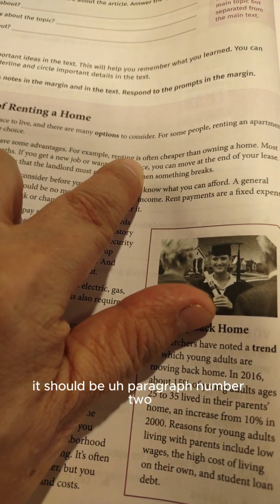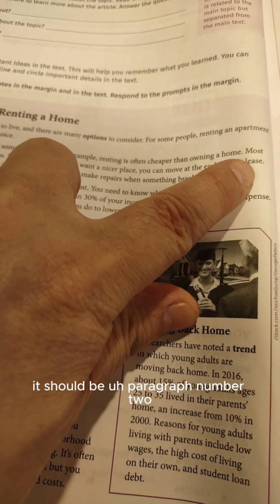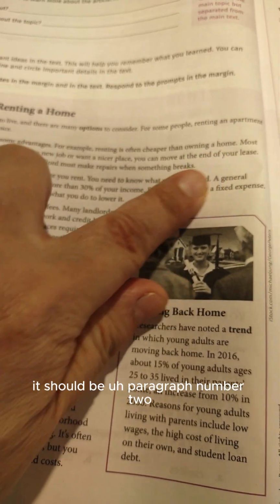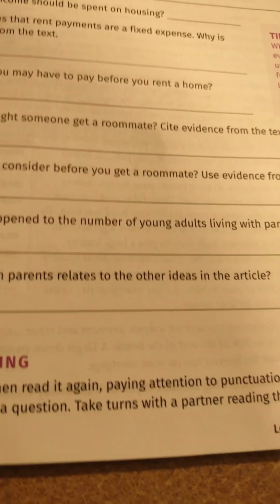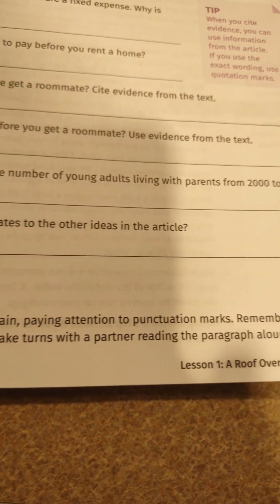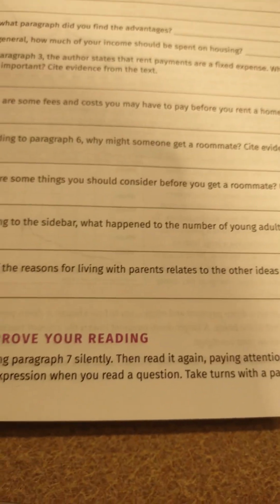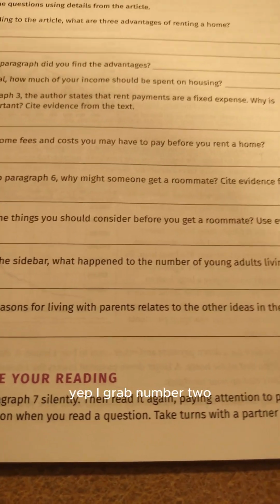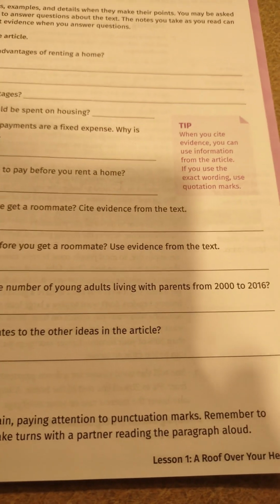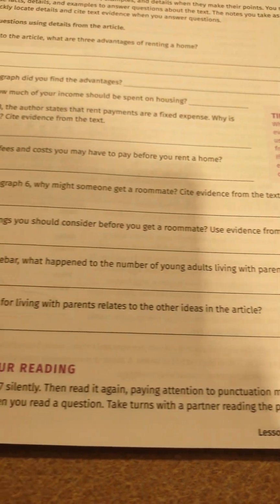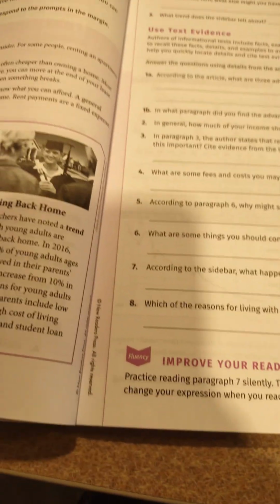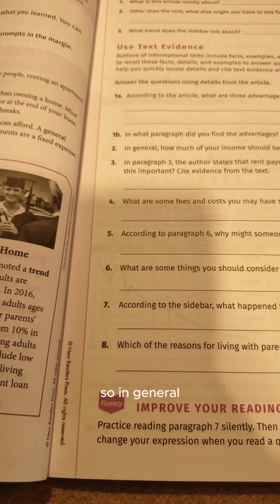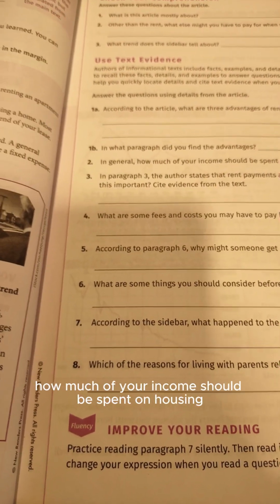Renting is often cheaper than owning a home. So when you read, you need to check the punctuation marks and pause when you need to. So that's for number 7, and you can read it on your own and then practice reading aloud with your partner. That's the end of today's lesson.